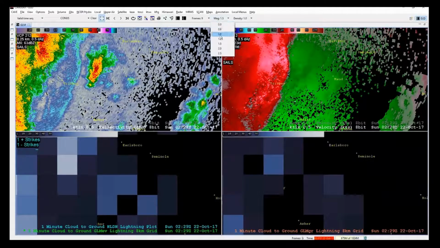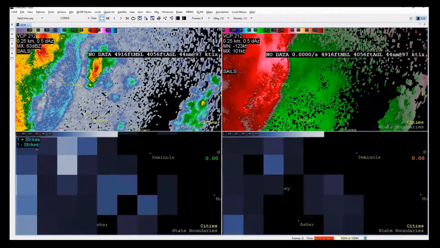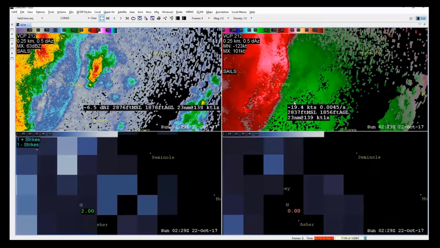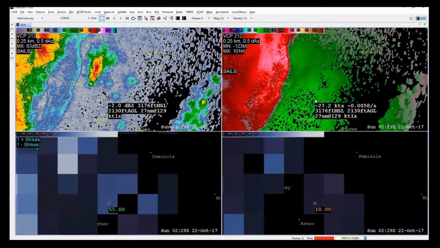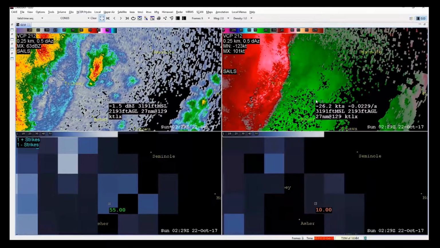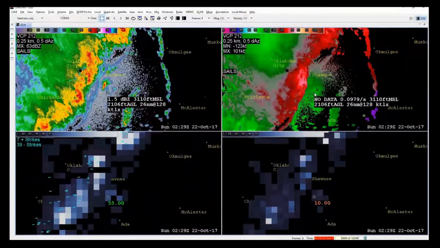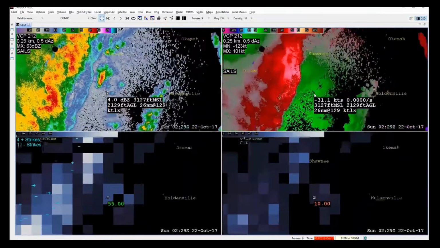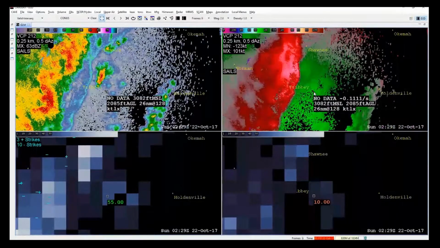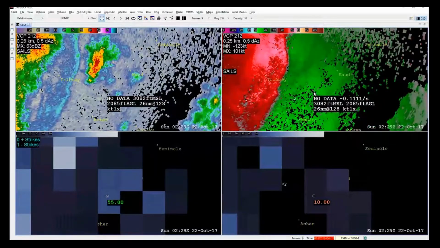The first one we're going to look at was a little bit east towards the Shawnee and Seminole areas. Off the screen to your left, to the west, is this congealed line with embedded supercells in it. And you can see it here. So you've got this broken line. There are glowing segments, and some areas where there are kinks in the line suggestive of embedded supercells.